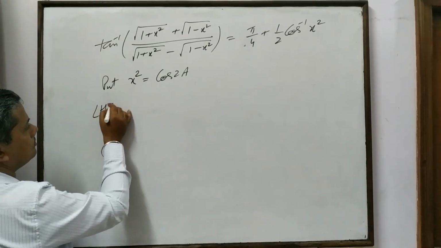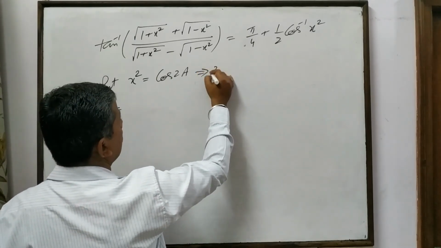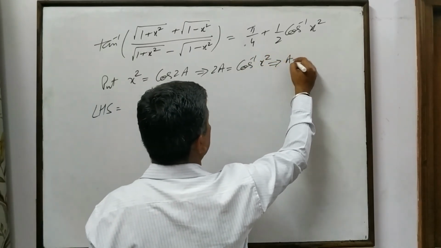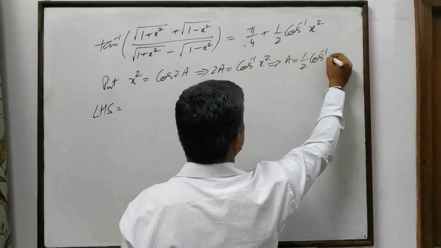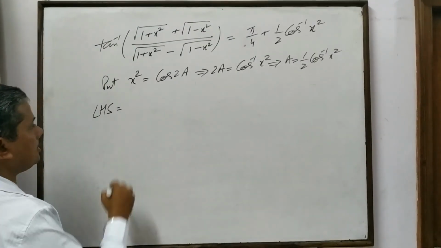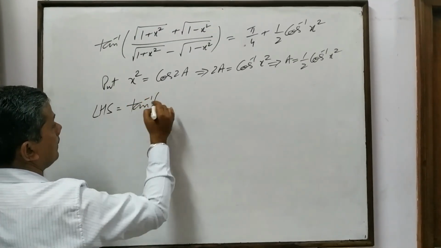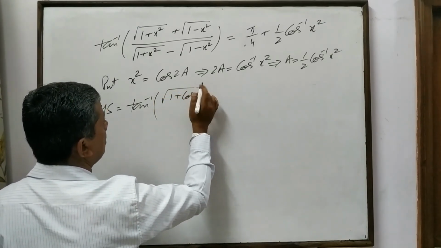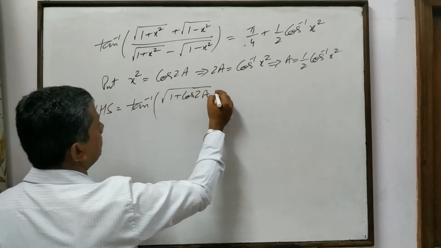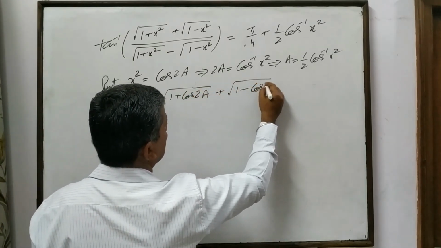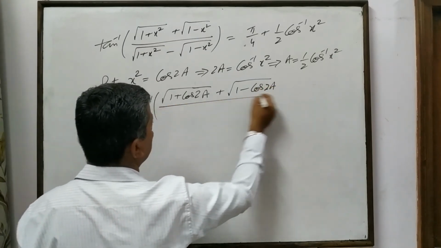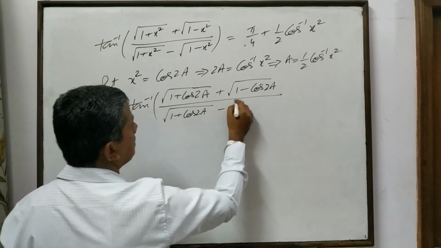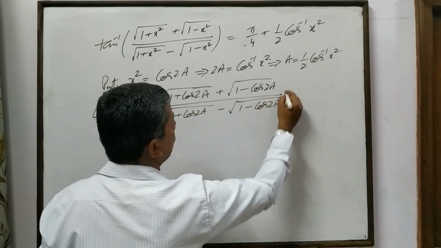So this implies 2a is equal to cos inverse x square, implies a is equal to half of cos inverse x square. So left hand side becomes tan inverse of under root 1 plus cos 2a plus under root 1 minus cos 2a upon under root 1 plus cos 2a minus under root 1 minus cos 2a.